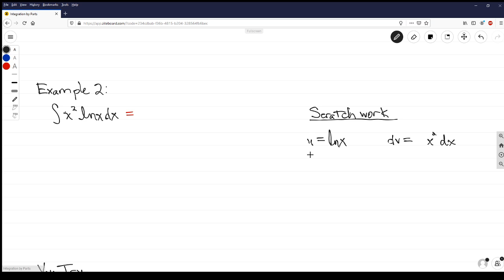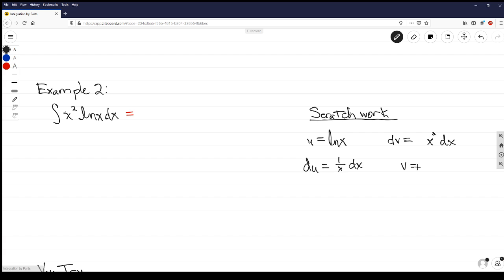So, if I want du here, I'm going to skip a line there, make it look better. So du equals 1 over x dx. Over here I'm going to integrate.